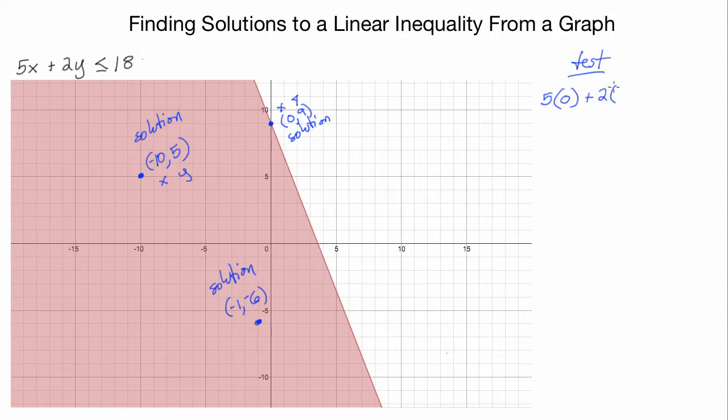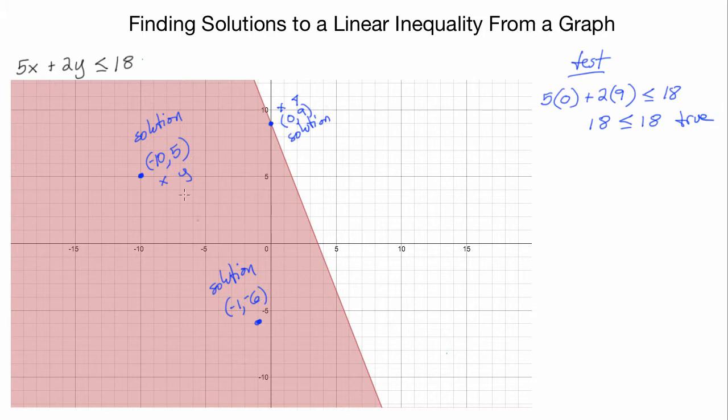My y value is 9. And we want to check and see, is that less than or equal to 18? Well, 5 times 0 is 0. 2 times 9 is 18, so 0 plus 18 is 18. And is 18 less than or equal to 18? Yes, that's a true statement. So we just verified that that point is a solution.